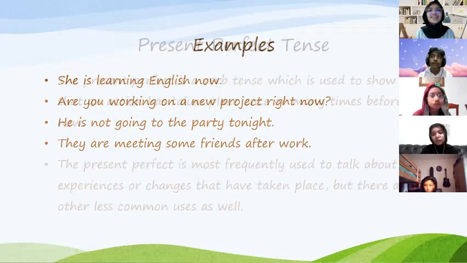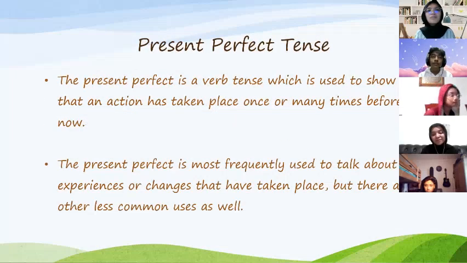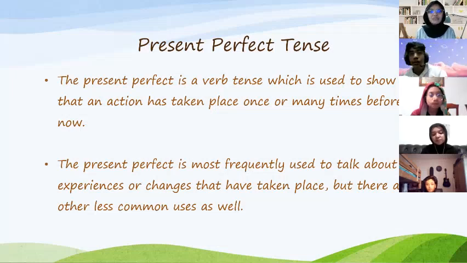Okay, the third one is present perfect tense. The present perfect is a verb tense used to show that an action has taken place once or many times before now.